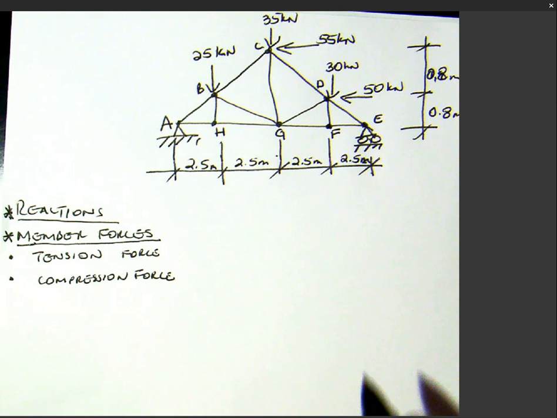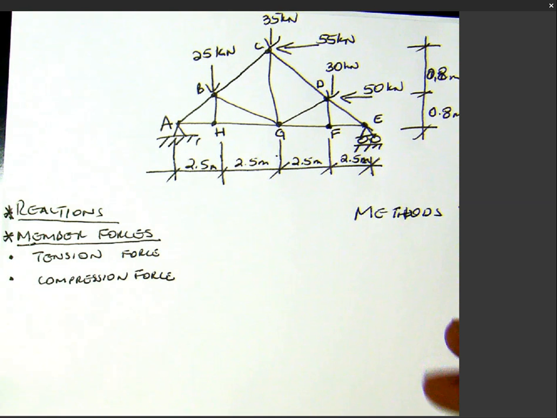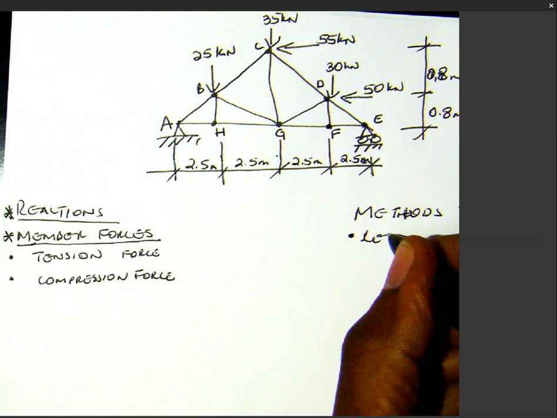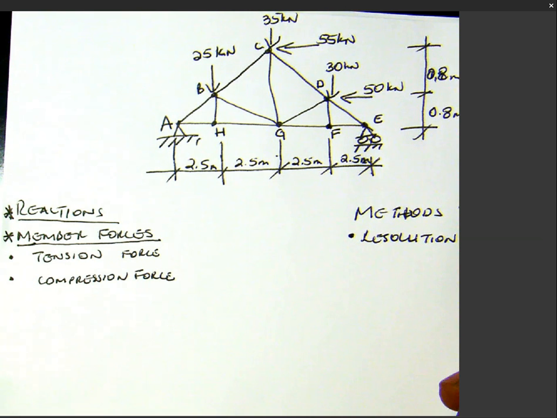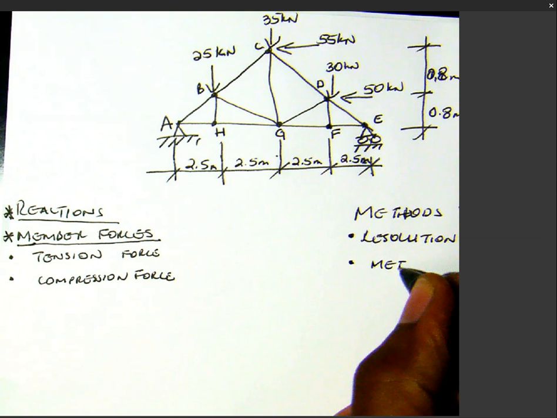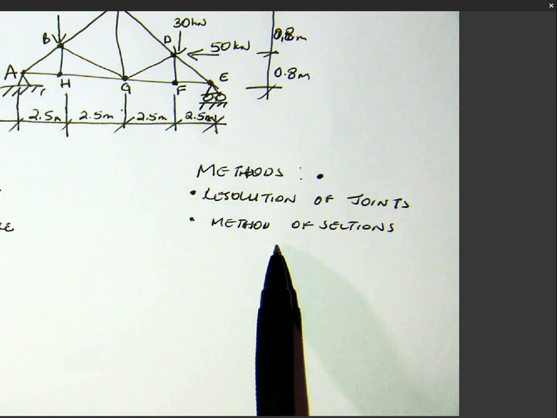We're going to use two methods. The first one is called resolution of joints. The second one is method of section.